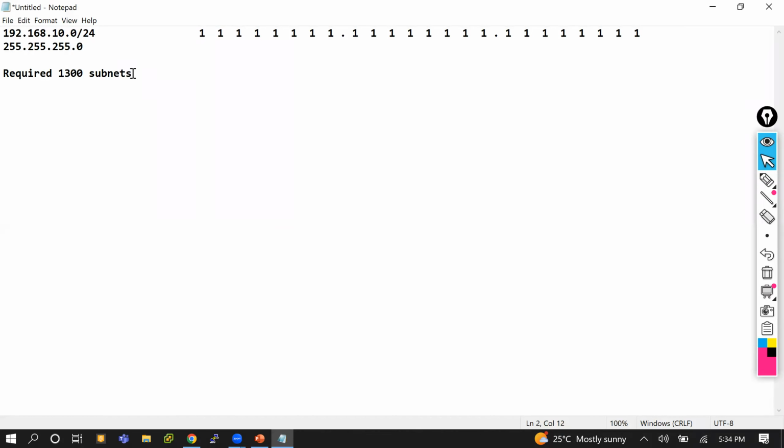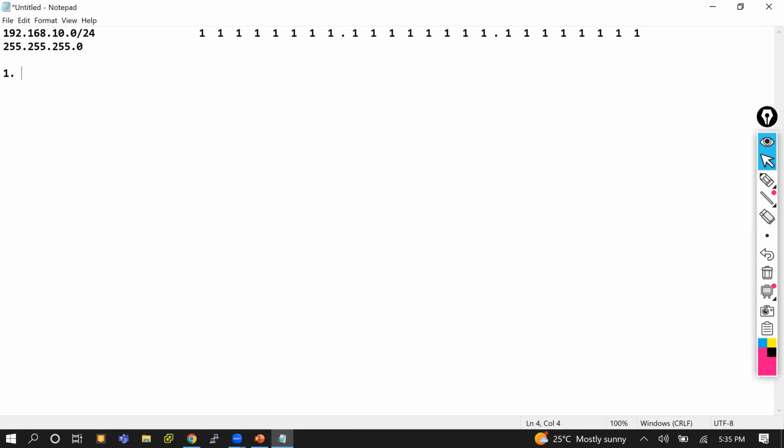In the FLSM, they give only how many subnets they require. But in a VLSM, along with the subnets, they also define in each subnet how many IP addresses they require.